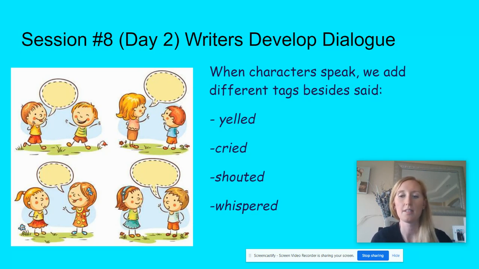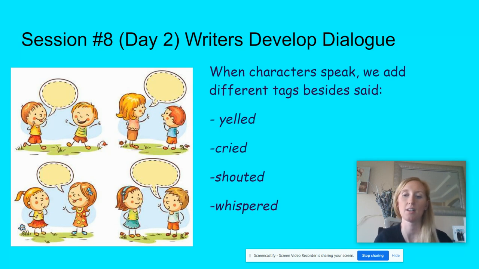So I want you to stop and think here for a minute. Are there any words that maybe pop into your mind when you think about your family? Do you ever hear them talking about things that you could use in a story? Maybe, right? So here's what I want to teach you. When characters speak, just like the characters in your book, we add different tags besides the word said.